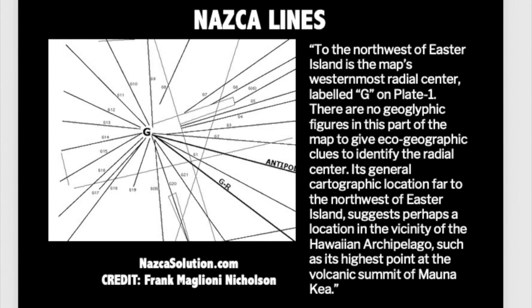Its general cartographic location, far to the northwest of Easter Island, suggests perhaps a location in the vicinity of the Hawaiian archipelago, such as its highest point on the volcanic summit of Mauna Kea. Now, I disagree with the Hawaii location for a couple of reasons, and we're going to explain that here.